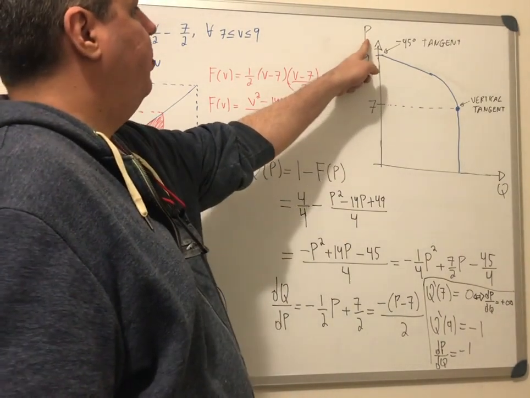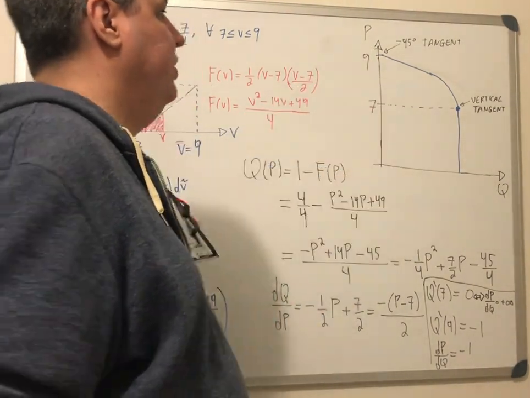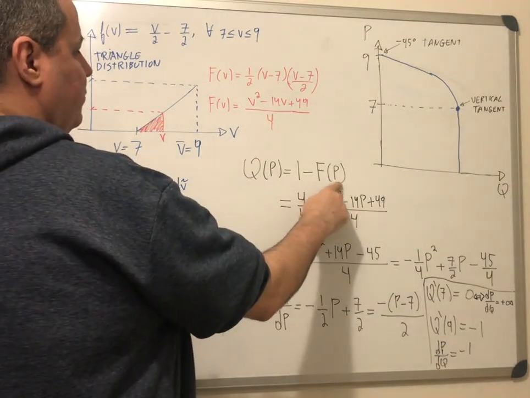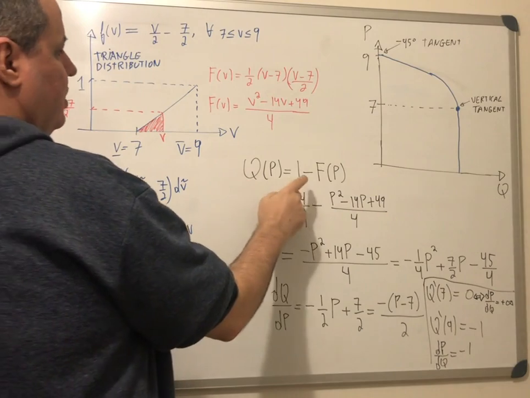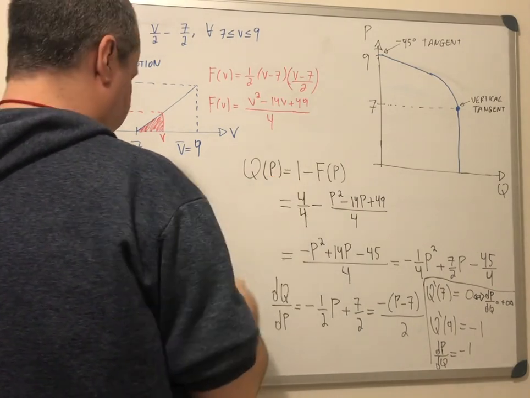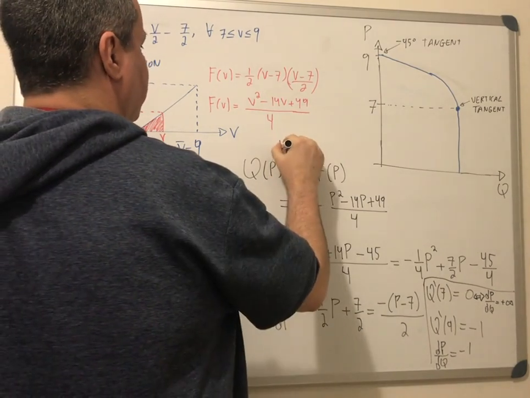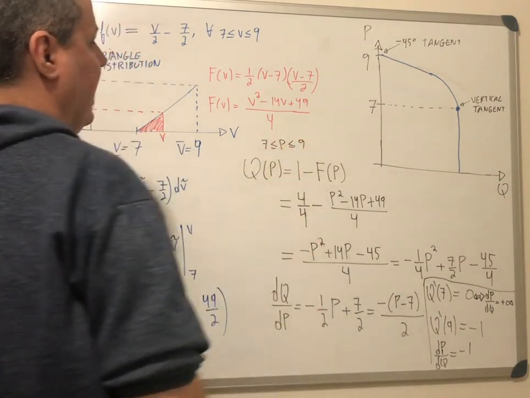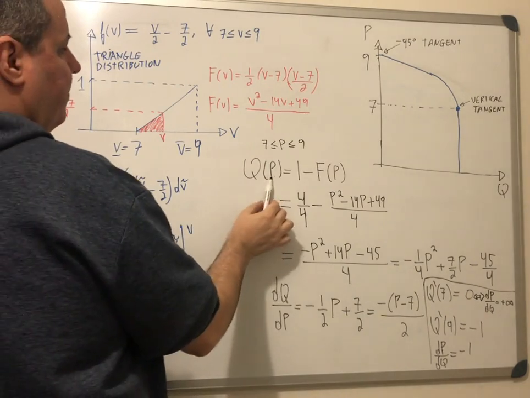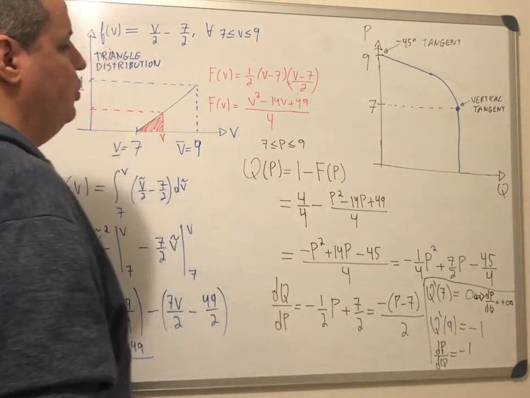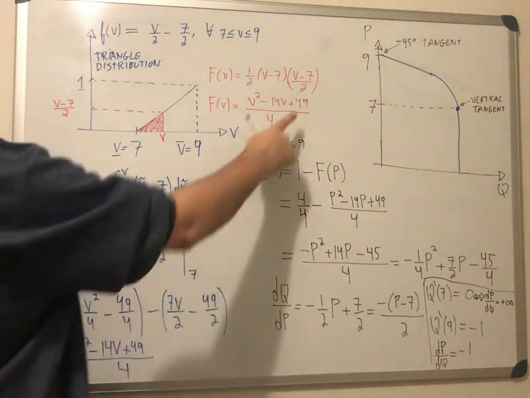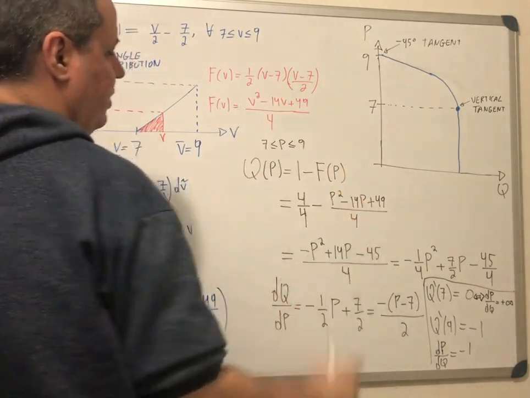Now, price in terms of quantity. I use the formula that we discussed in the previous video. The quantity at some value of p, of course p between 7 and 9, is 1 minus the cumulative distribution. So 1 is 4 over 4 minus the cumulative distribution, which I repeat here.